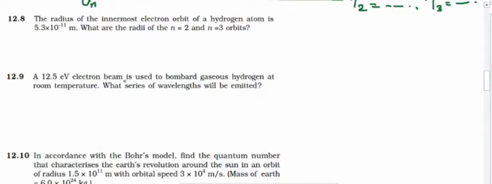The radius of the innermost electron orbit of a hydrogen atom is 5.3 into 10 power minus 11 meter, Bohr radius. What are the radii of n equal to 2 and n equal to 3 orbits? Again, the relation we can use, we have Rn is equal to n square R1.